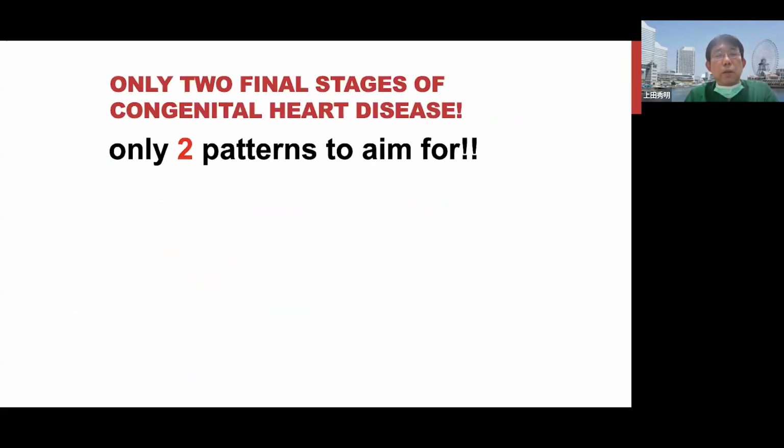I think there are only 2 final stages of congenital heart disease, only 2 patterns. Whenever we see a patient who might have a congenital heart disease, we have to determine which way we should go. There are 2 options.